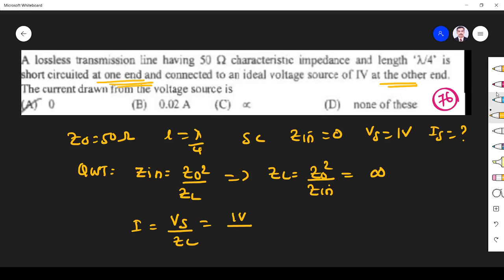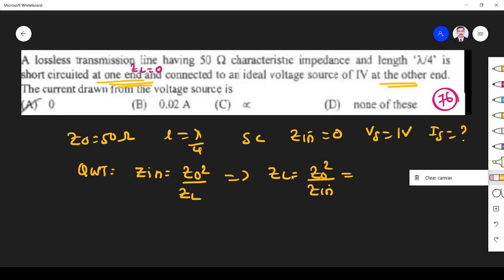So short circuited at one end means the other end only, not the source end. So ZL is 0, right? So please change here. Read the question properly, otherwise you people also will make mistakes like me.